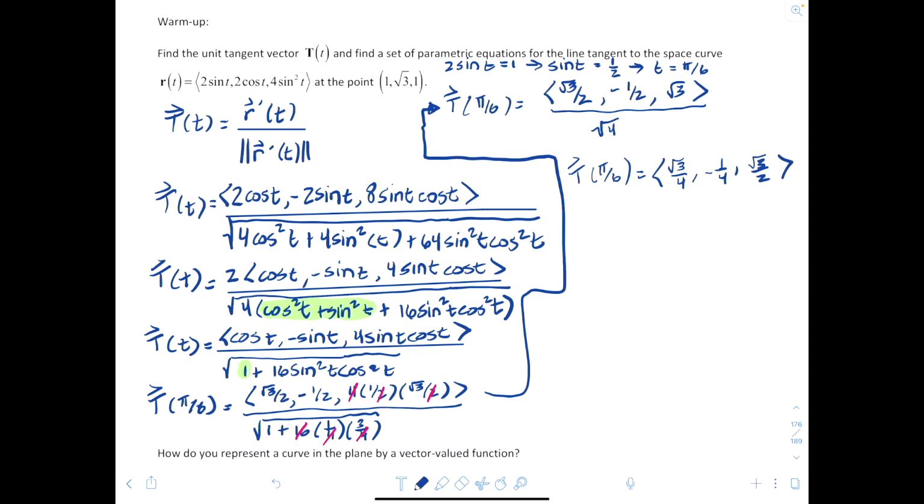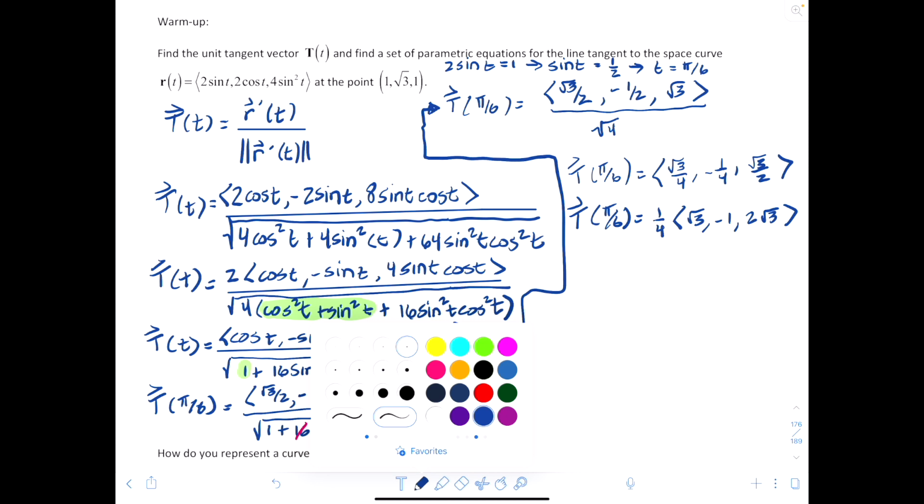And now let's find our direction numbers. Let's factor out so we can get our direction numbers. Basically, if we factor out a quarter, we can write that our unit tangent vector at pi over 6 is going to be a quarter times root 3, negative 1, and then 2 times root 3.